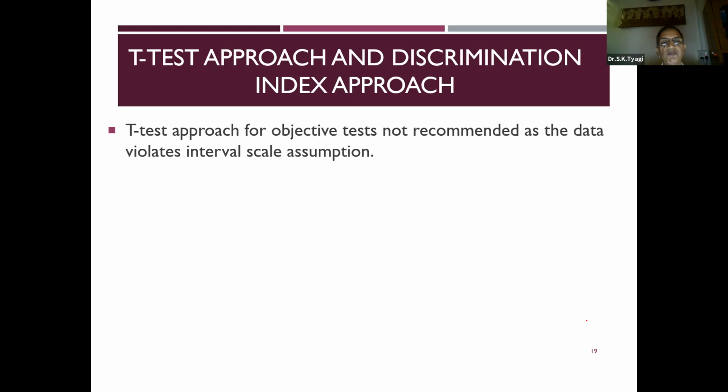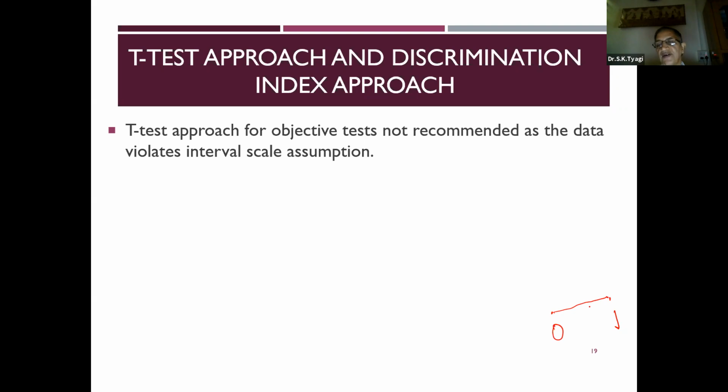Now, this t-test approach for objective tests is not recommended by some people as the data violates the interval scale assumption, because the response to a particular question is either 0 or 1. There is nothing between 0 and 1.